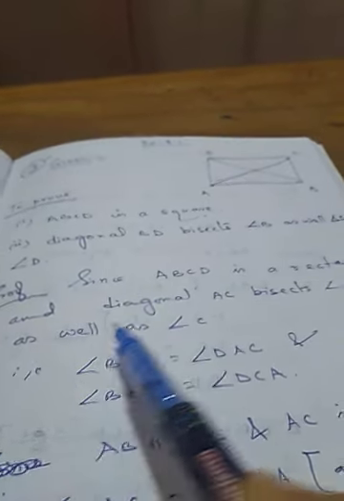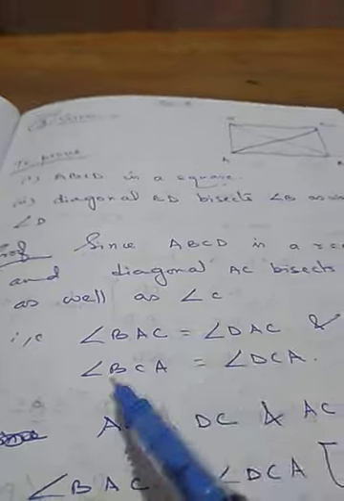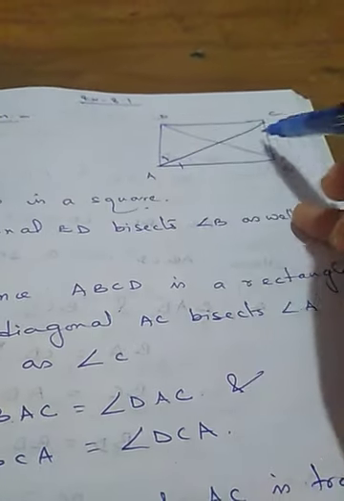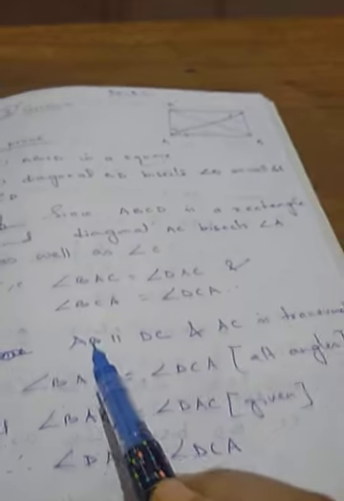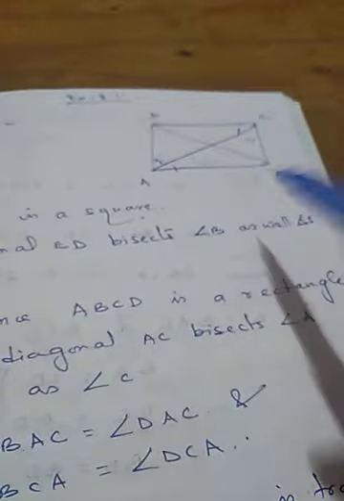Since ABCD is a rectangle, as given, and the diagonal AC bisects angle A as well as angle C, therefore angle BAC equals angle DAC, and these two angles are also equal.